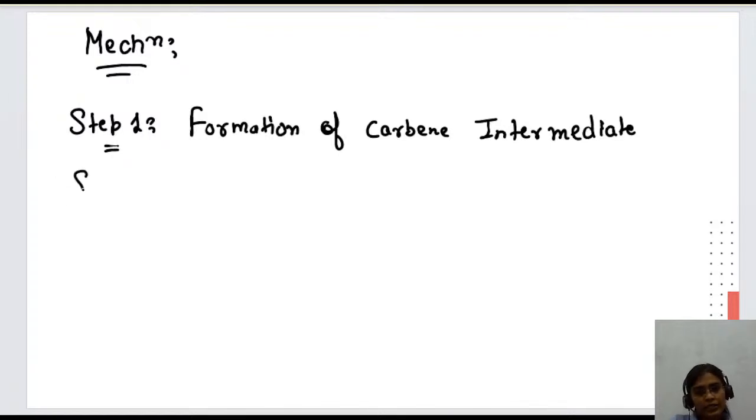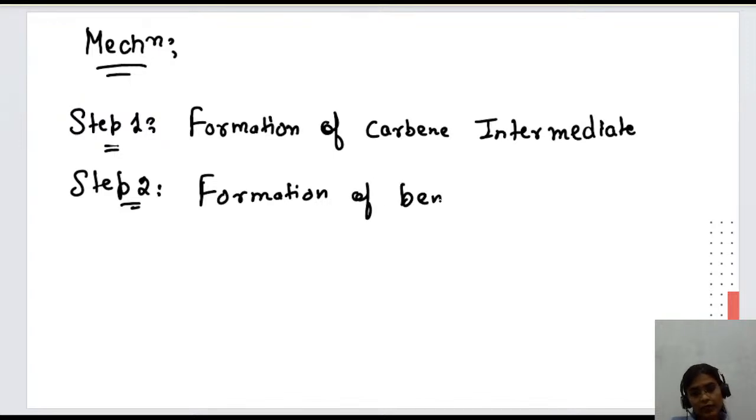Second step, step number two. After the generation of this carbene intermediate, there is a formation of benzyl chloride. I hope you already know the meaning of benzyl and the meaning of benzo. I will tell you what this is if you don't know.